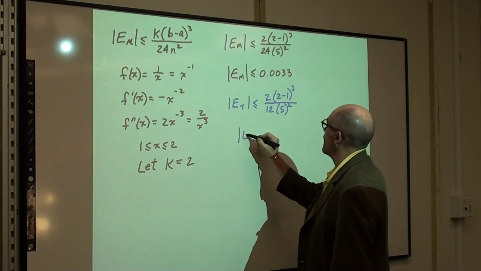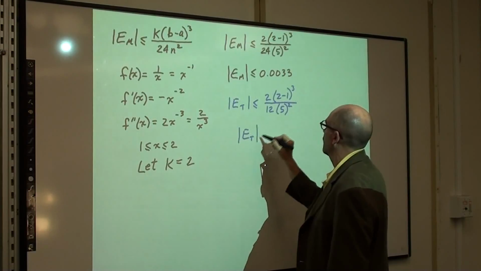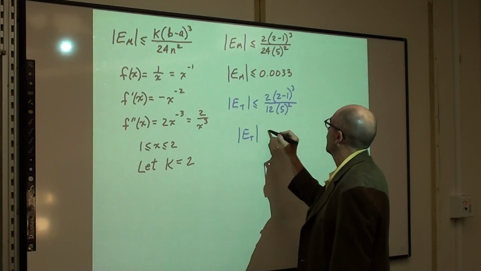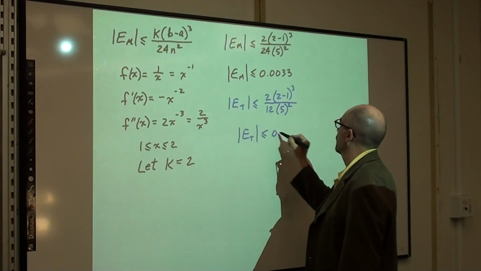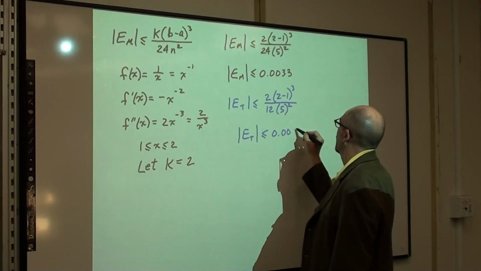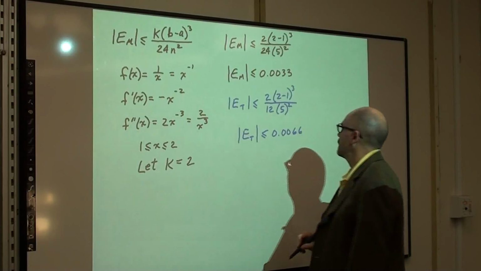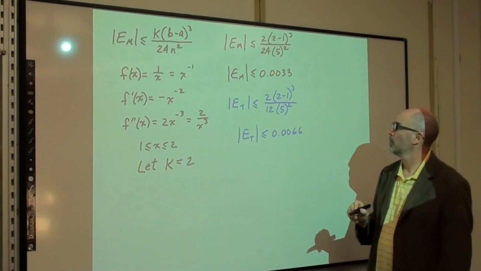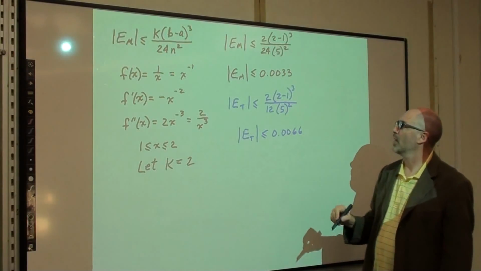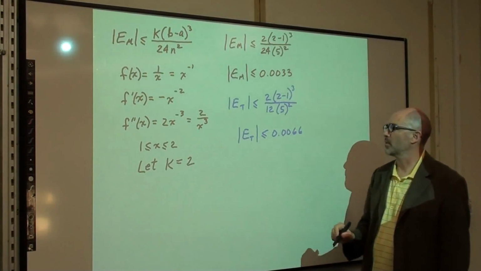So the error of the trapezoid is going to be twice that. So it's 0.0066 repeating. So there's our error of midpoint, error of the trapezoid.